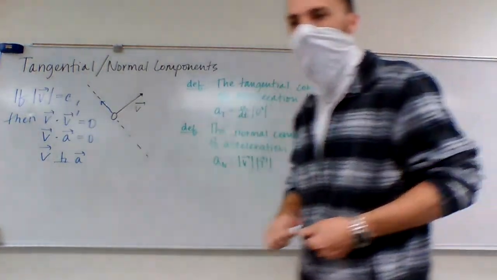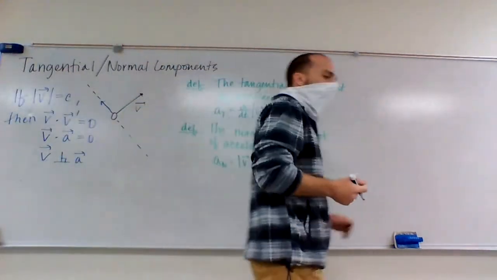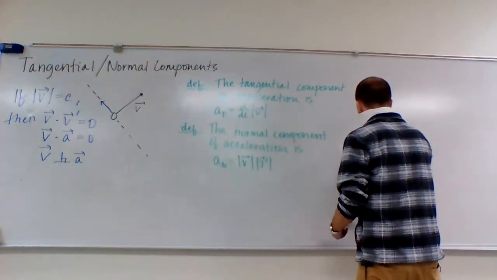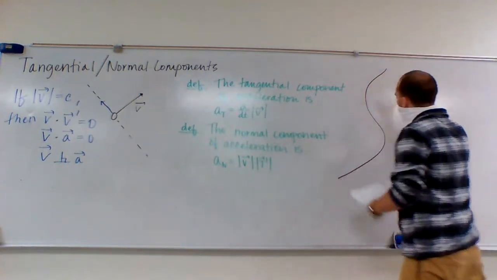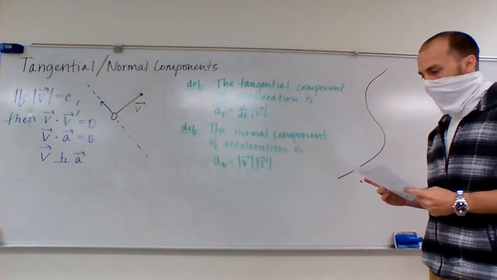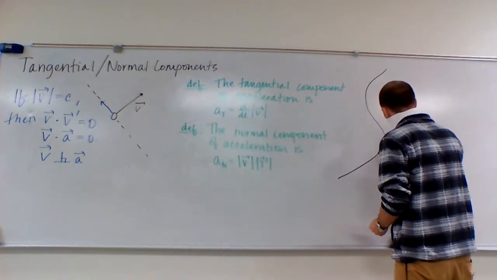And let's see. Oh, okay. So I'm going to say I've got a space curve, and I need to draw this carefully. I've got a space curve right here. Okay, and suppose that I've got a point of tangency right about here that I'm interested in.